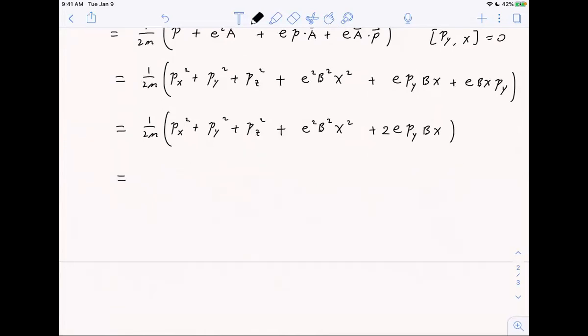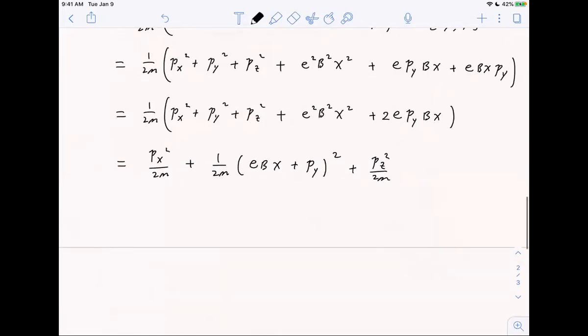You have px squared over 2m plus 1 over 2m, then you have eBx plus py squared, and then plus pz squared over 2m.